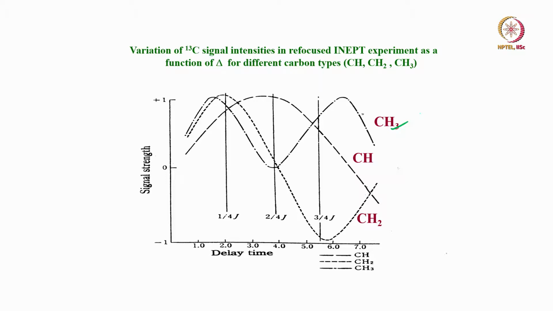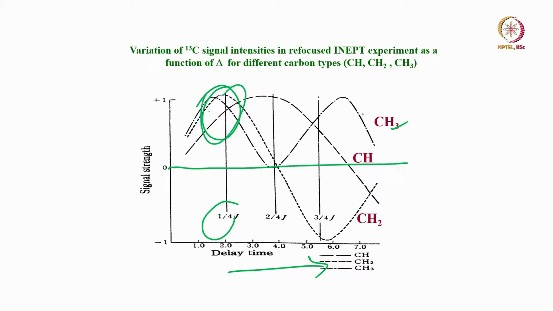You see how the intensity of the carbon 13 signal varies in the refocused INEPT for different carbons as a function of delay. This is the delay, which keeps varying here, and the intensity of the carbon for CH, CH2 and CH3 varies. Look here, at exactly 1/4J, this is 0, all are positive.